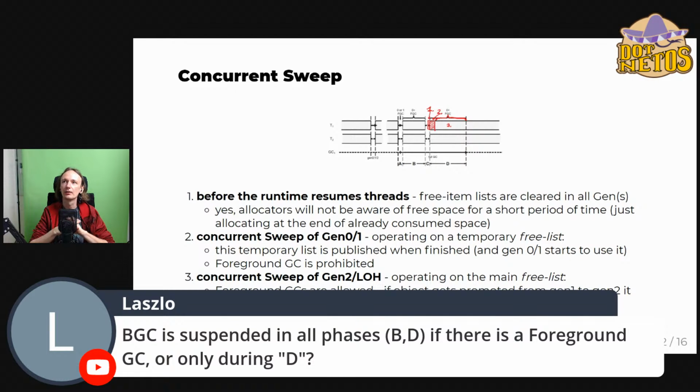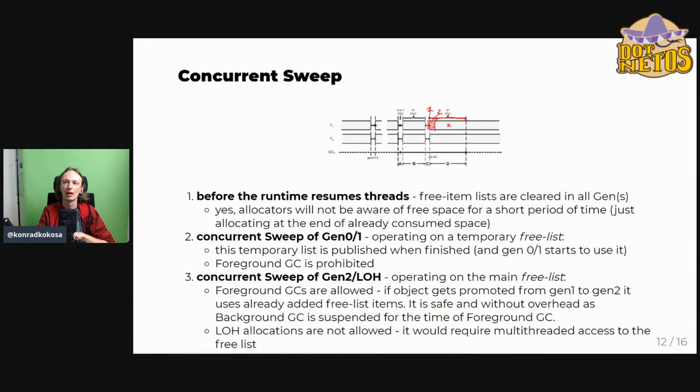Always when a foreground GC kicks in and there was a background GC, we are just postponing it and waiting until the foreground GC ends. Although we could probably imagine implementations that are not doing that, the final results are good enough to not add the complexity of trying to handle this.